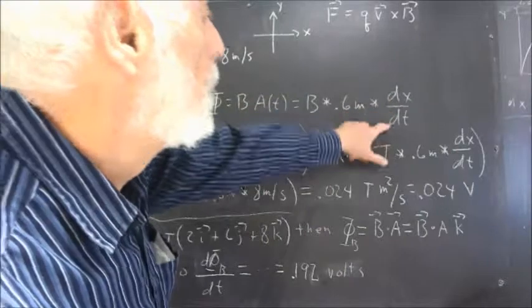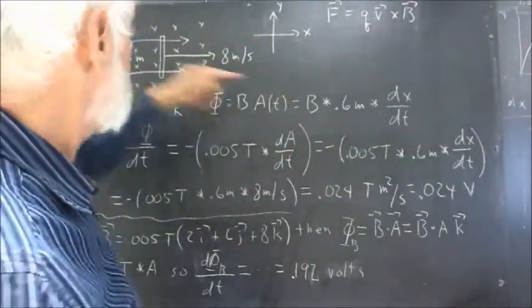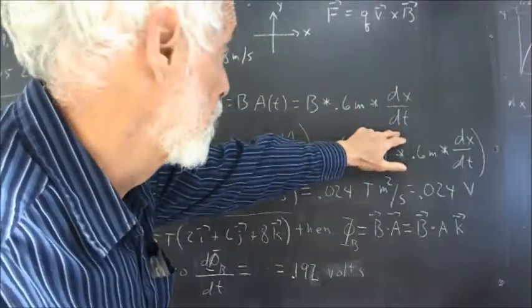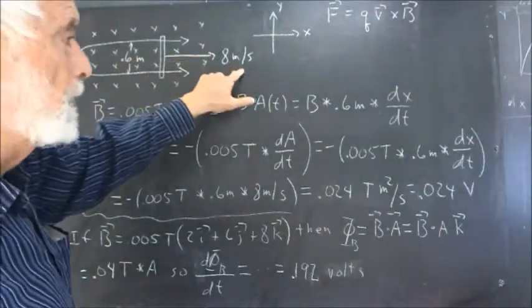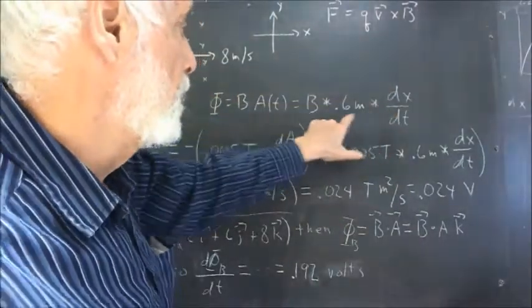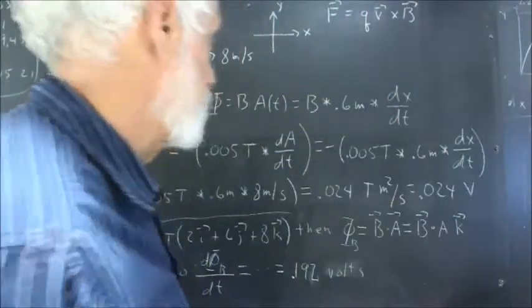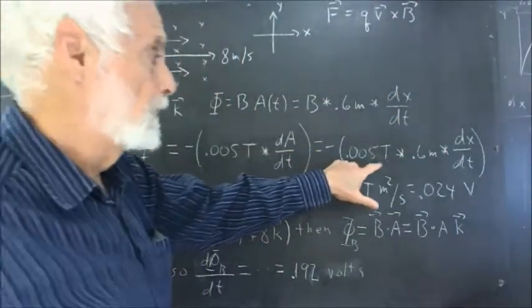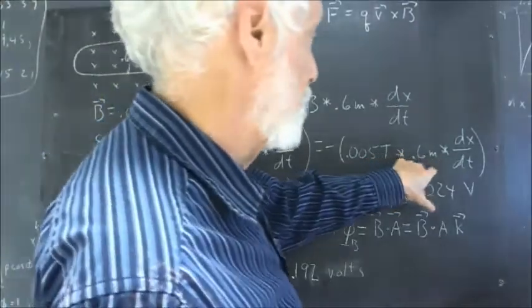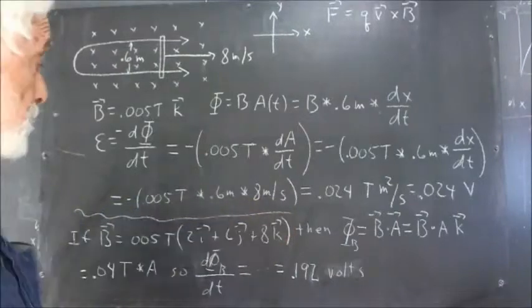It's the motion, the 8 meter per second motion in this direction, that is changing the area. So if we multiply that 8 meters per second, which is your dx dt, by the 0.6 meters, we're going to get the rate at which the area changes. So we have 0.005 Tesla multiplied by 0.6 meters times dx dt, and dx dt is 8 meters per second.